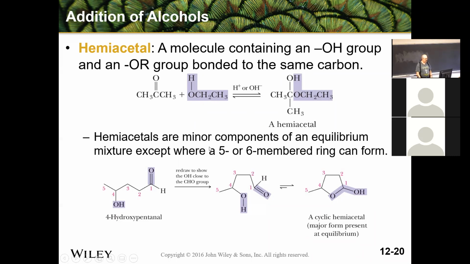An exception, though, is where we can form an intramolecular hemiacetal that forms a 5 or 6 membered ring. Okay, in this case, the ring is actually favored. Okay, here's an example. This is 4-hydroxypentanal.